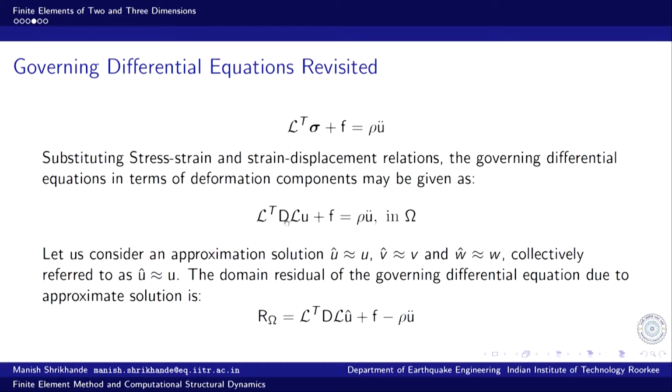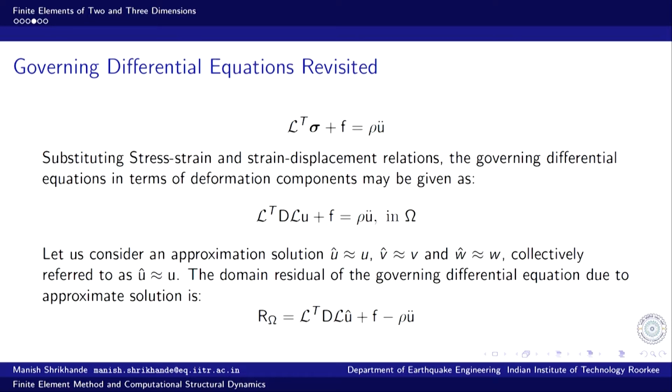So, L transpose D L u, where u is the vector of deformations, plus F, the vector of distributed body forces along each respective coordinate direction, is equal to the rate of change of momentum. That is essentially the statement of Newton's second law: all the forces acting on the body are equal to the rate of change of momentum of the body. This applies in the domain omega.